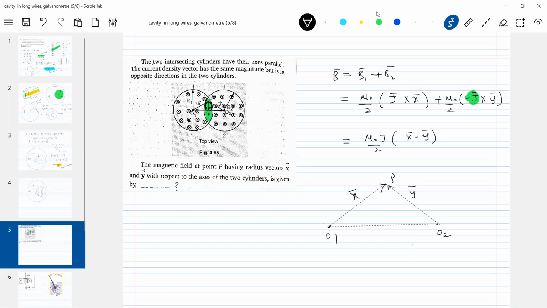This is y bar. X bar minus y bar means this x bar and this y bar, no? So then what we get is this a bar. Look at the direction of the arrow. So the resultant we can write as mu naught j by 2, j bar cross a bar.